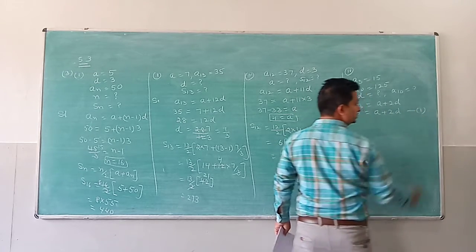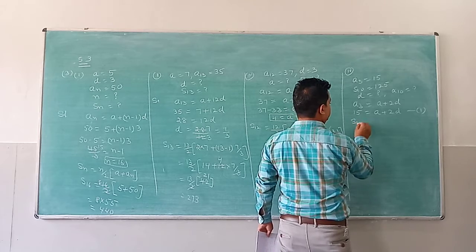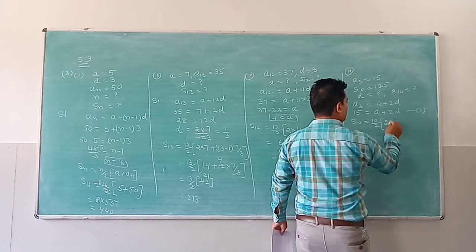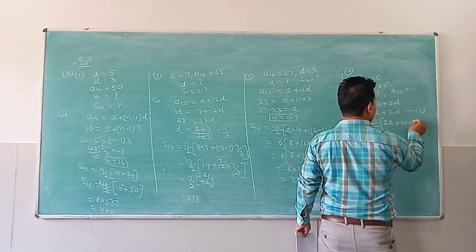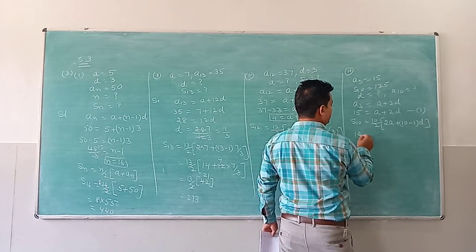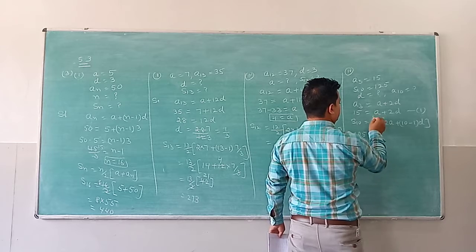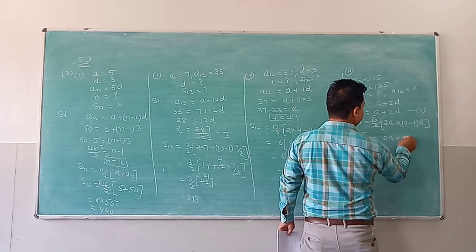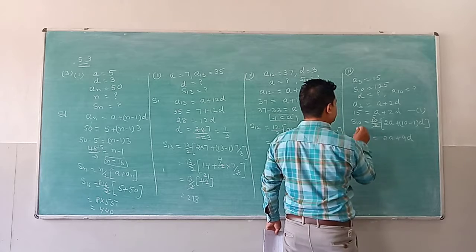This is equation number 1. S10 is n upon 2, 2a plus (n minus 1) into d. So S10 is 125, this is 10 upon 2, 5, 2a plus 9d. This cancels out.